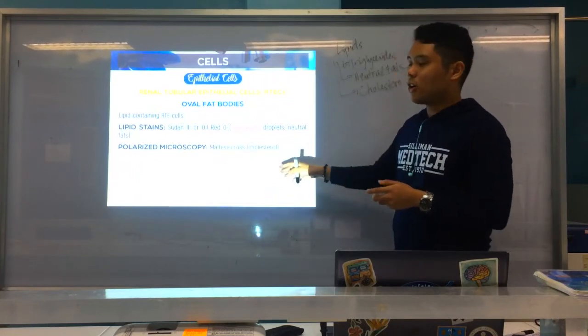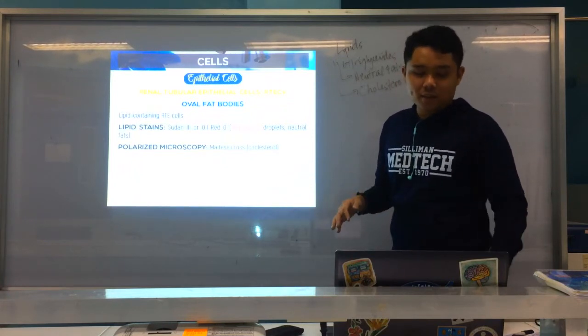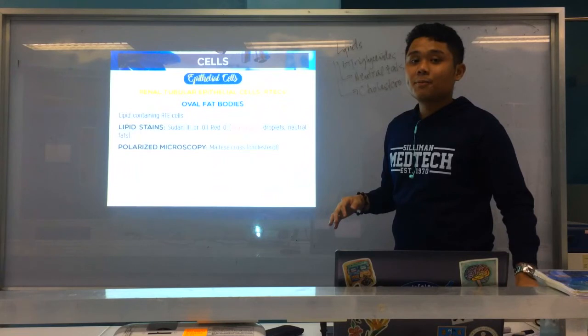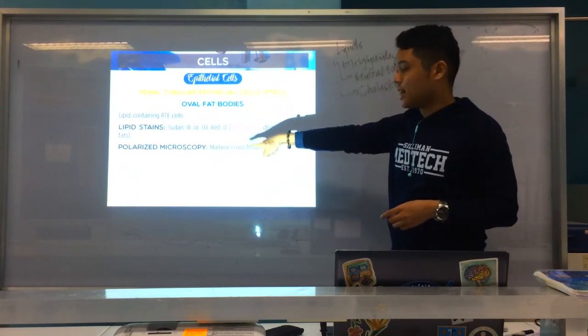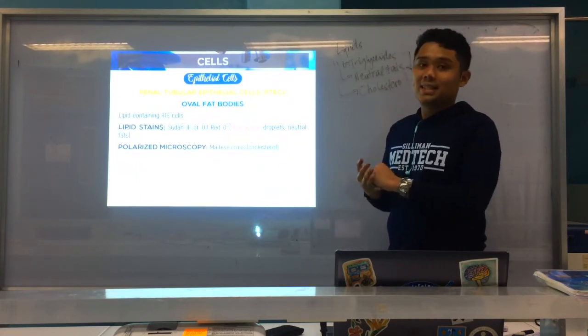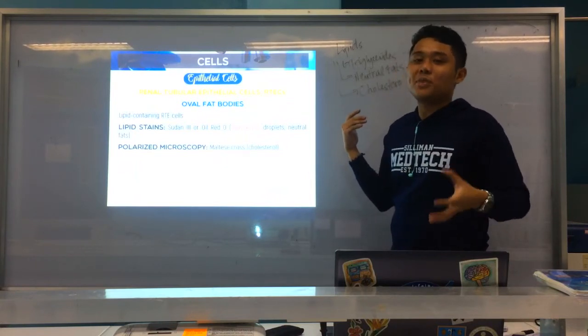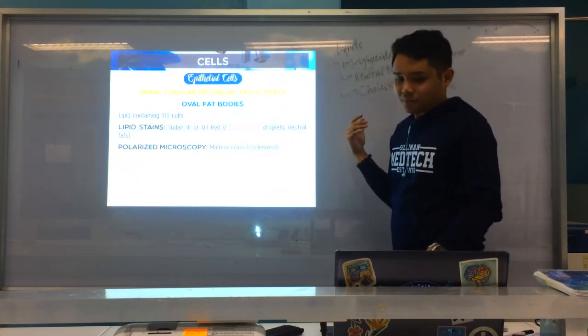Under polarized microscopy, the possible lipid in the oval fat body is cholesterol. But if it stains with Sudan III or Oil Red O, then that could be either triglycerides or neutral fats. You will see these fats again when you go to the chemical exam of feces.